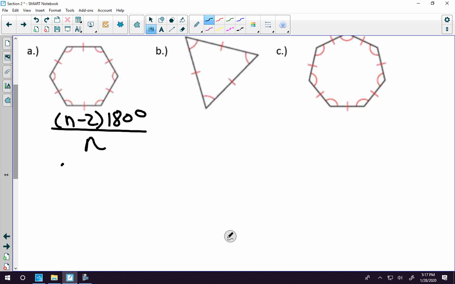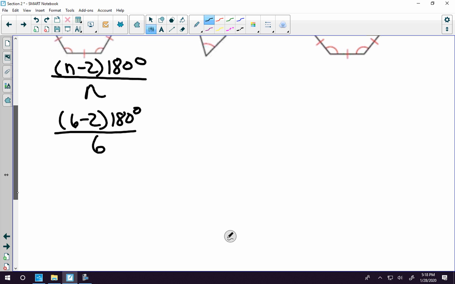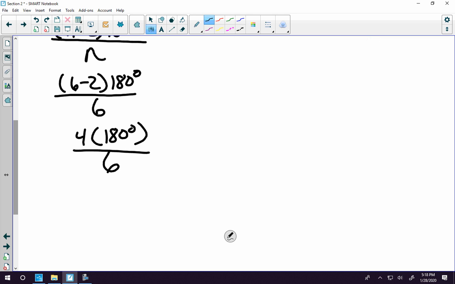So it's a regular hexagon, so it's 6 minus 2 times 180 degrees divided by how many sides it has. It's a regular hexagon, 6 sides. So there's 4 triangles inside of this regular hexagon, but then we're going to divide that by 6 because each interior angle has to be congruent. So doing some simplifying, 4 times 180 would be 720 degrees, but dividing that by 6, we're going to get 120 degrees.